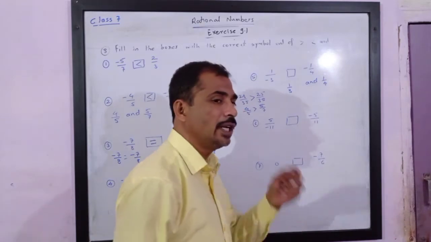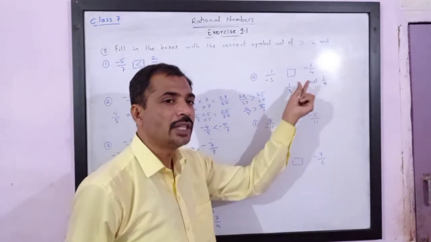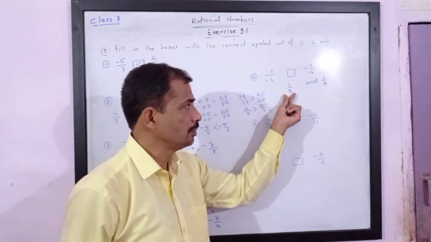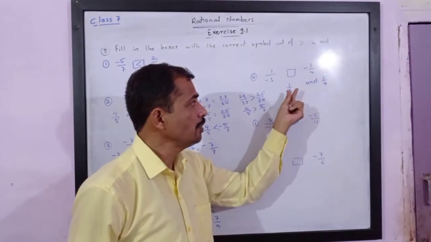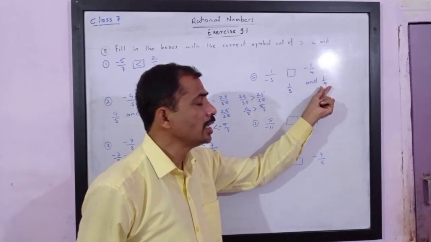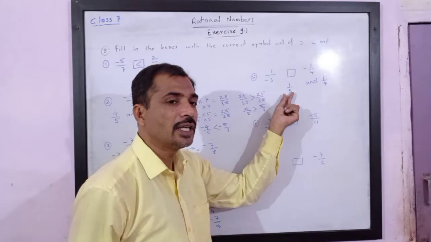Please note, we have studied in fractions that if numerators are the same, then the fraction with the smaller denominator is bigger. If numerators are the same, the fraction with the bigger denominator is smaller, or the fraction with the smaller denominator is bigger.